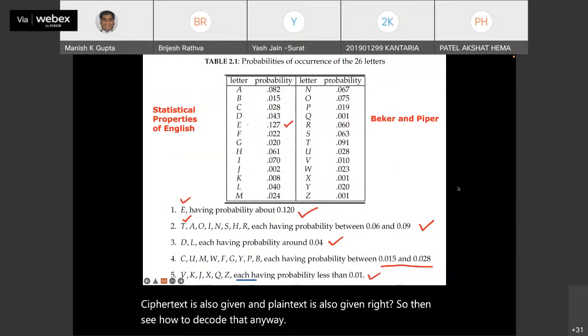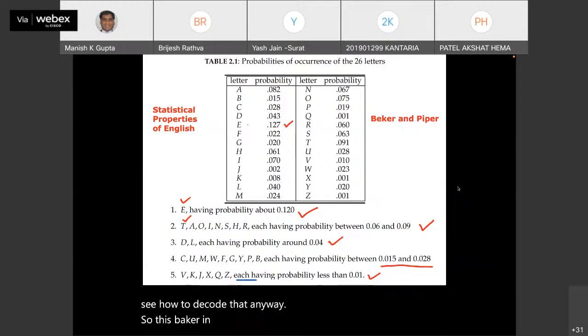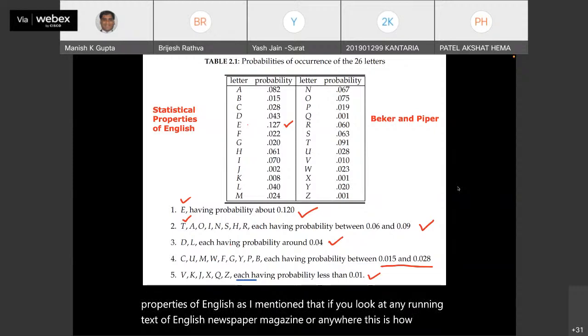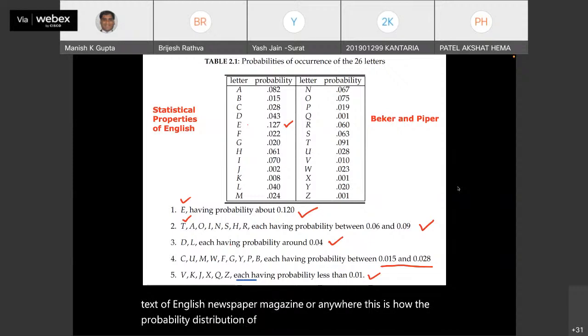This Baker and Piper table is very, very important. These are the statistical properties of English: if you look at any running text of English, newspaper, magazine, or anywhere, this is how the probability distribution of alphabets will appear. E will appear with probability 0.120, and then we have T, A, O, I, N, S, H, R, each having probability between 0.06 and 0.09.